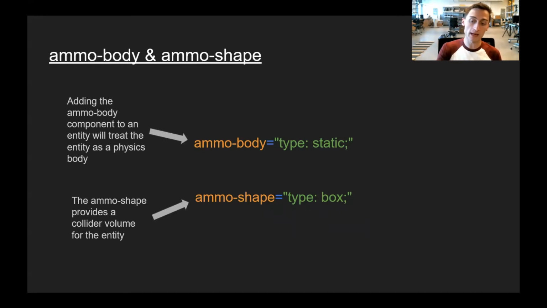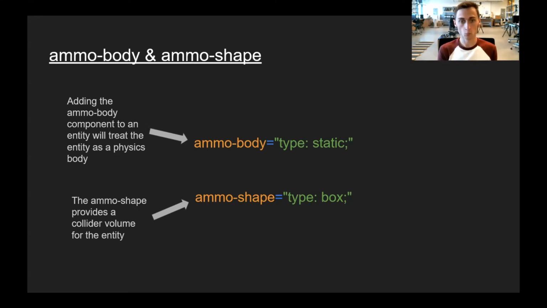But in order to get it to really work, to really interact with all the objects in the scene that are also ammo bodies, you need to add an ammo shape. So the ammo shape is really important because it tells A-frame the volume around your object that is the colliding volume.